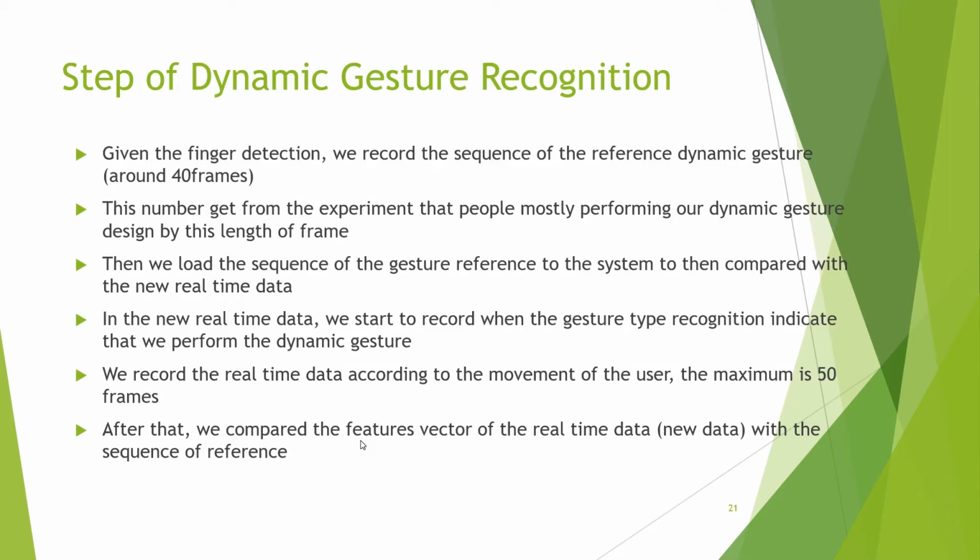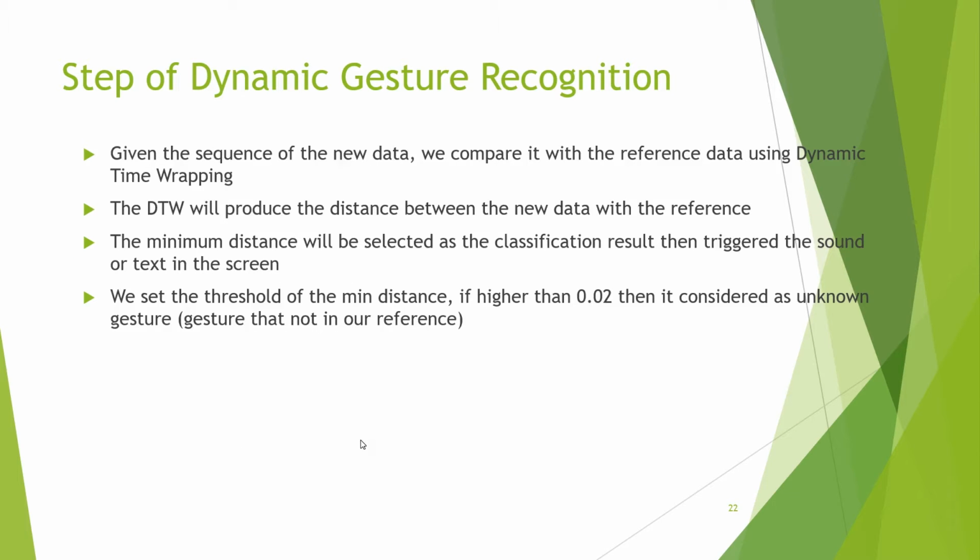We record the new real-time data, and then we compare it with the reference data that we use for training the DDW. Given the sequence of new data, we compare it and get the distance from DDW, and the minimum distance will be classified as the result and trigger some action.